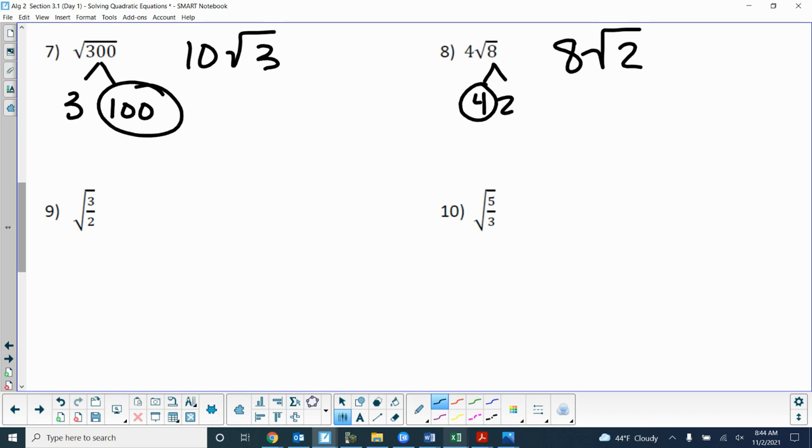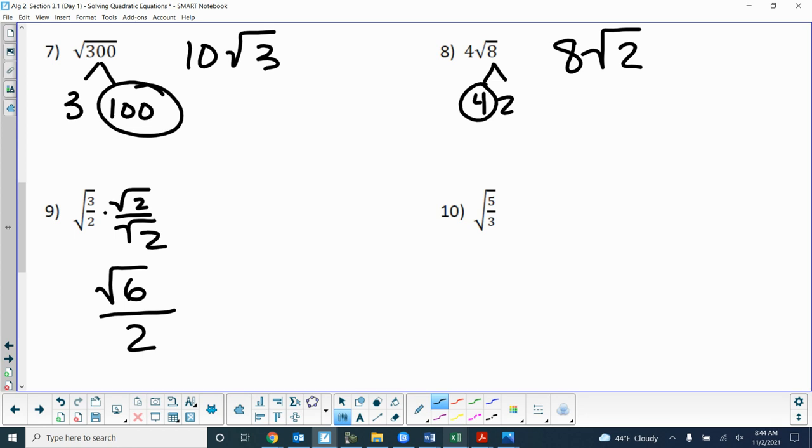Vincent, what do we do here? Multiply it by 2. Radical 2, yeah. So what do we get? Radical 6, radical 4. 2. Right, radical 6 over 2.